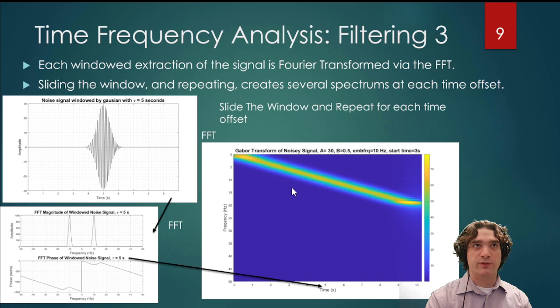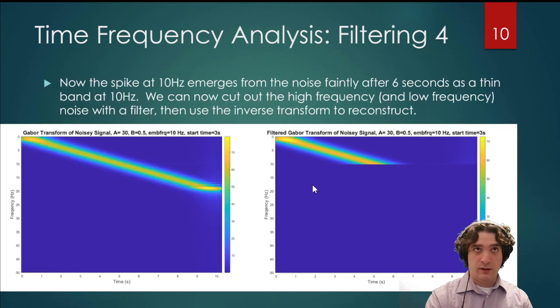So to recover the signal, we will try to do some filtering. One way we can filter is to cut everything slightly above 10 hertz, and we zero out all the data above 10 hertz. Since we know the signal started at 3 seconds, we could also zero out everything below 3 seconds.